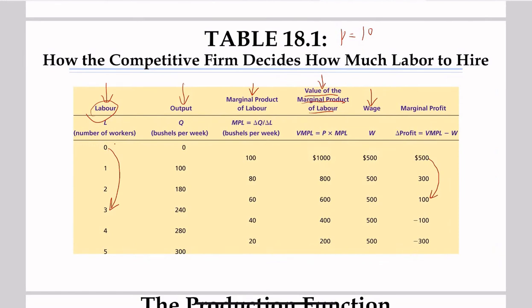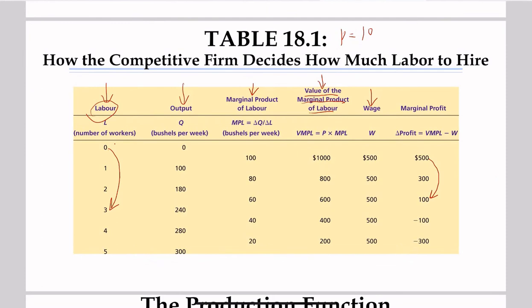Or to be more clear on this, what matters here is not whether marginal profit increases or decreases. It's about whether marginal profit is larger than 0 or smaller than 0.